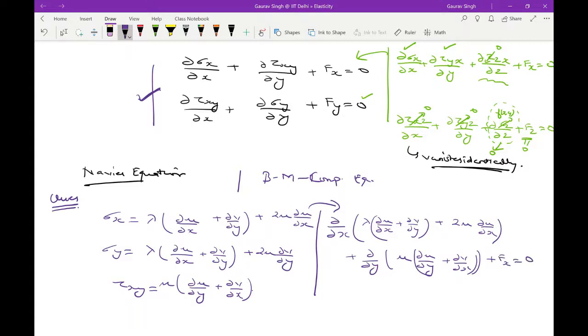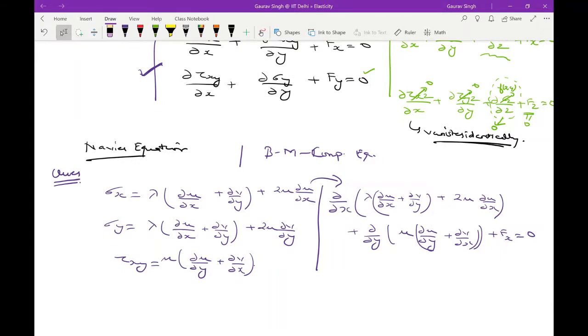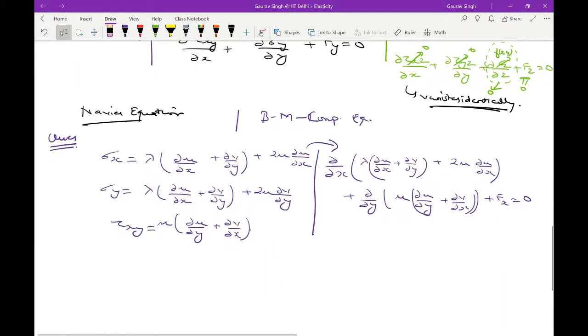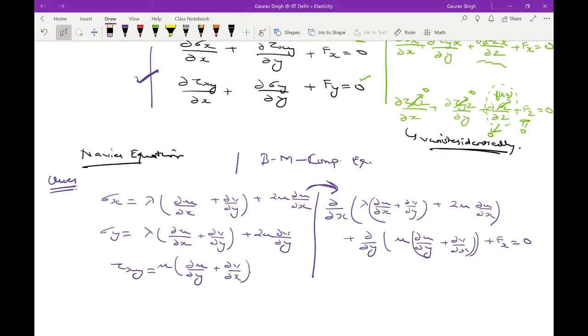So I'm just trying to derive the first Navier equation. I'm sure the other can be done similarly. So I've just substituted this and this and this inside this equilibrium equation.